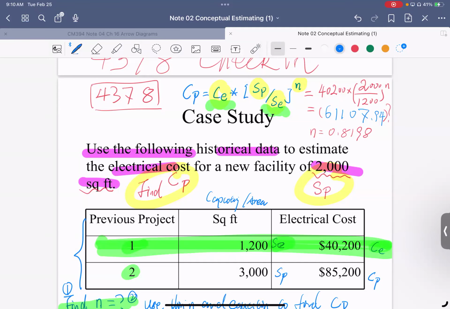And then you can round it up to 61108, right?